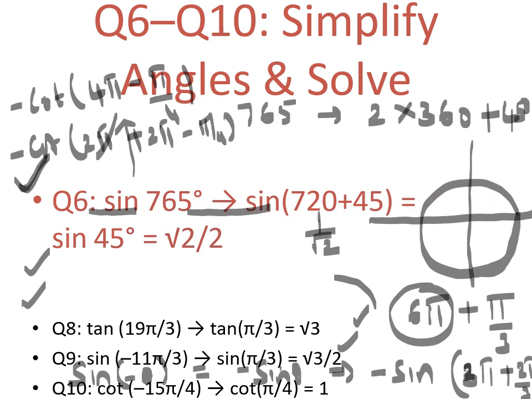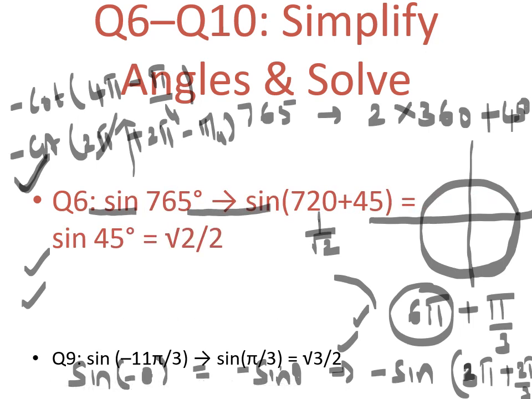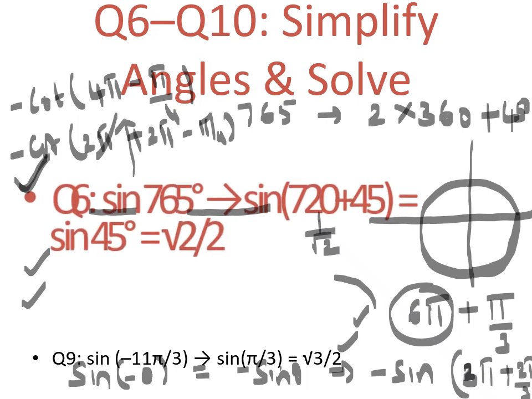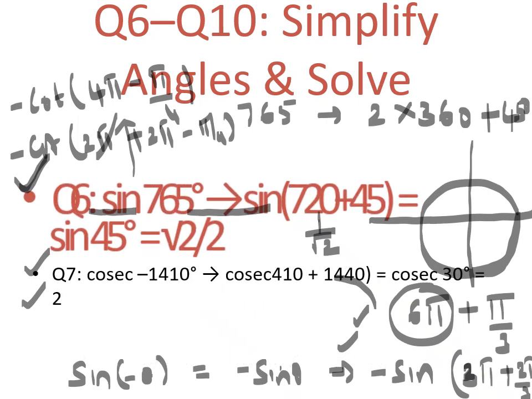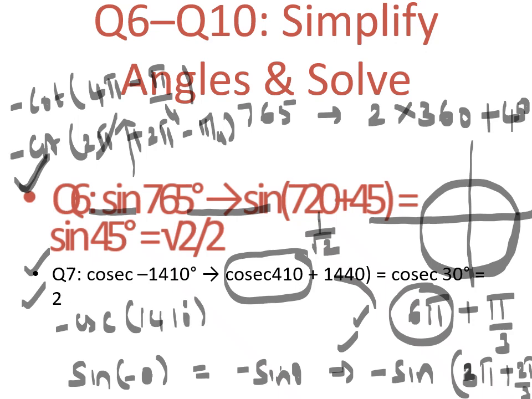Question number 7: cosecant of negative 1410 is given. First we get minus cosecant 1410.